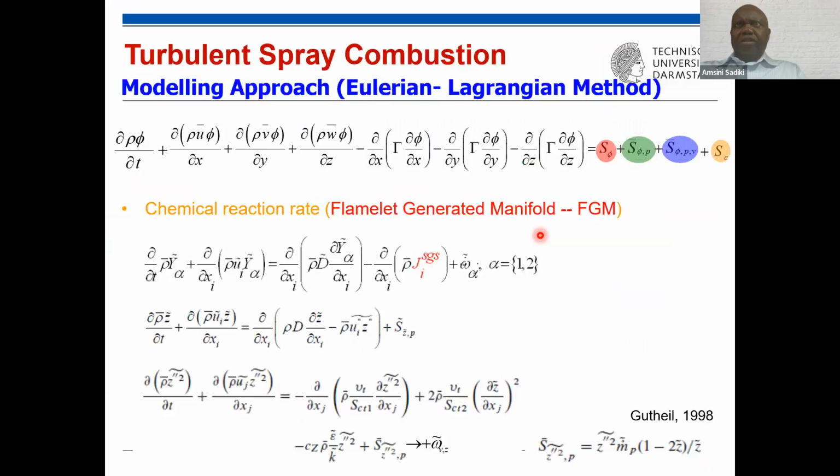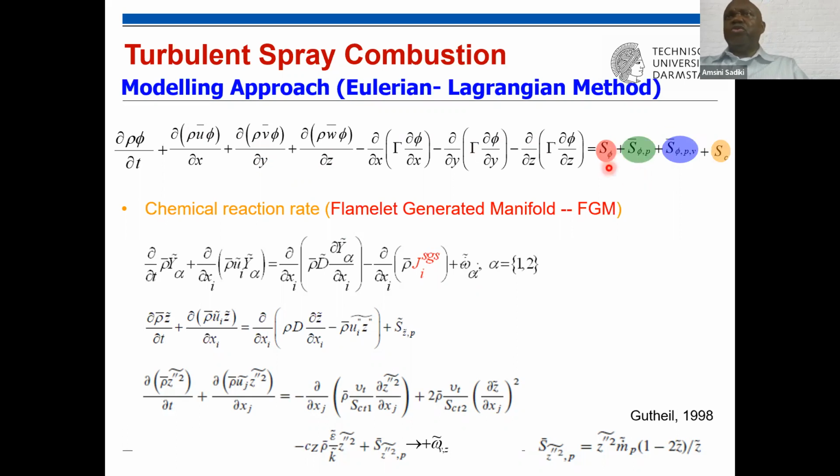We have the Eulerian-Lagrangian method. The Eulerian description is given by this generic equation. We have the different coordinate components x, y, and z, the time variation, and we have the diffusion term, and on the right side we have all source terms.